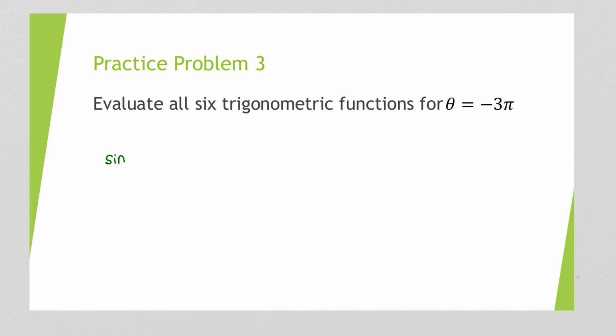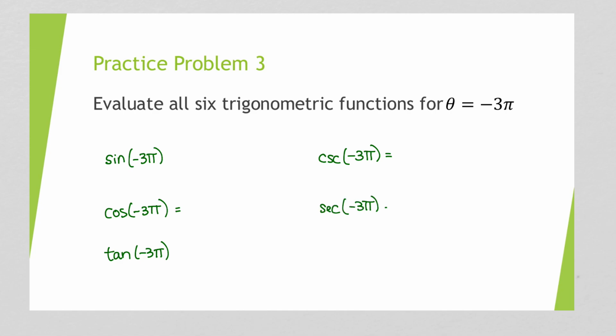So your task is to find the sine of negative 3 pi, the cosine of negative 3 pi, the tangent of negative 3 pi, and the other 3 trig functions, which are our reciprocal trig functions. The reciprocal of sine is cosecant of negative 3 pi. The reciprocal of cosine is the secant of negative 3 pi.